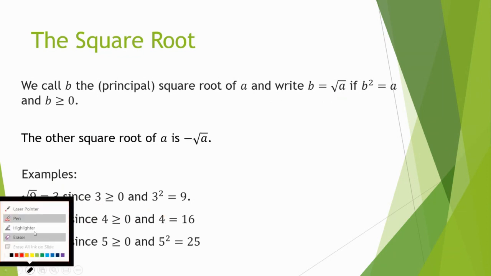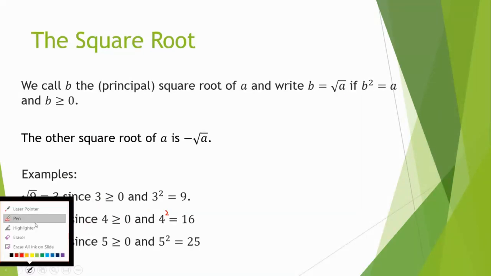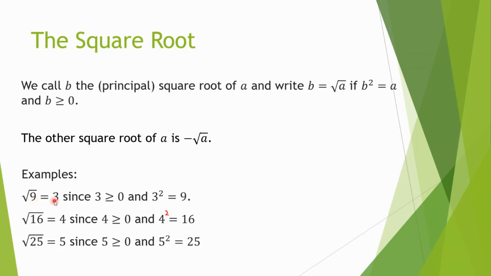Same thing with 5, right? 5 is non-negative, and 5 squared is, excuse me, 25. So these are just some examples with this notation. That radical thing, the square root, okay? It's the square root that's non-negative.